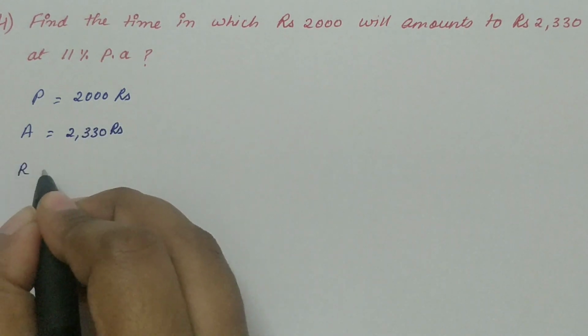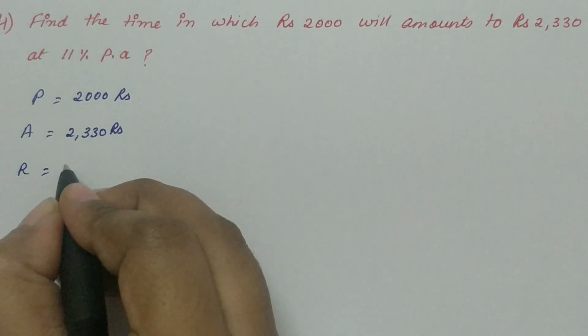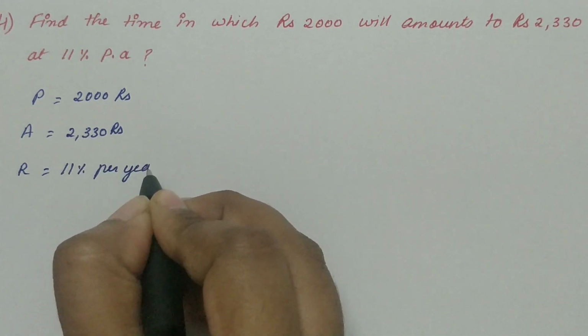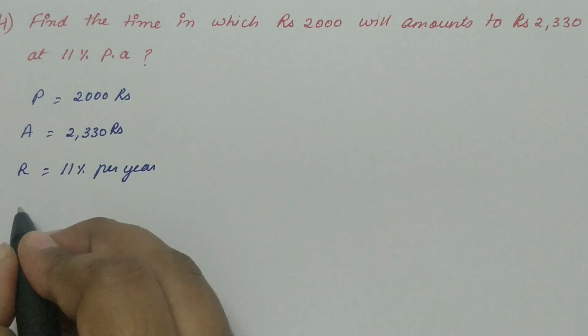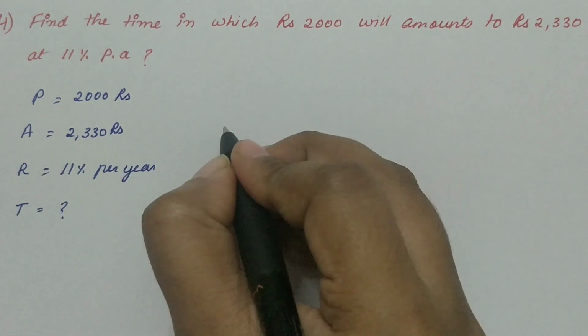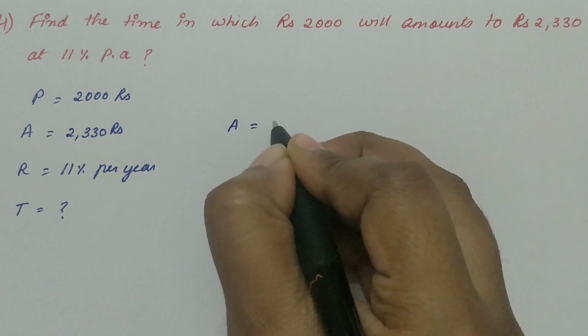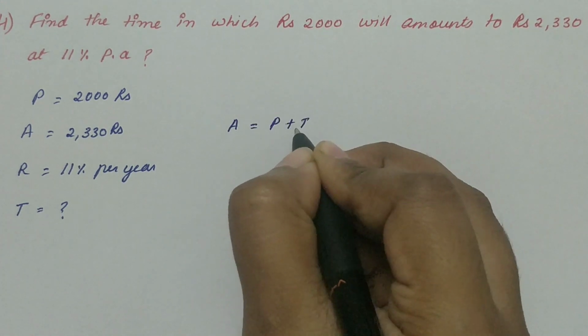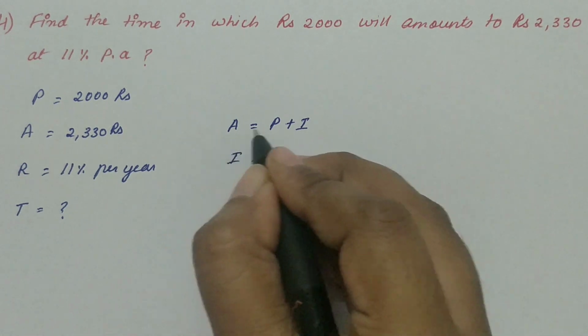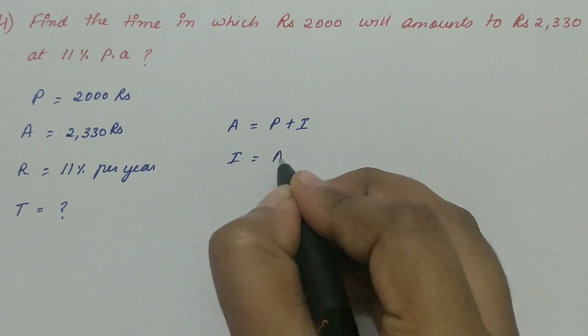Rate of interest equal to 11% per year. We need to find time. We know amount equal to principal plus interest. From this, interest equal to amount minus principal.